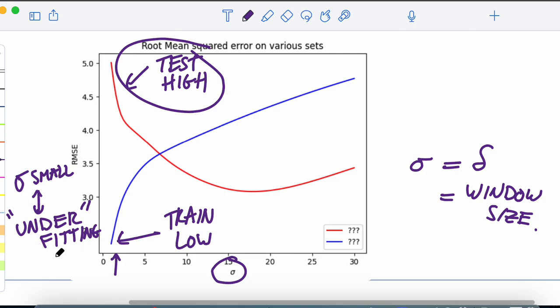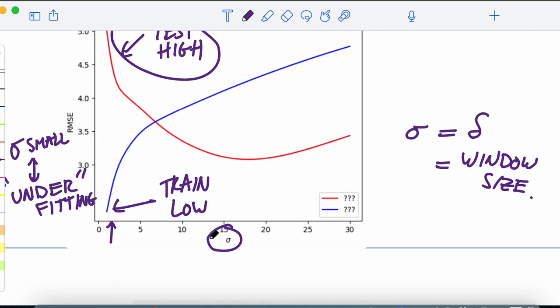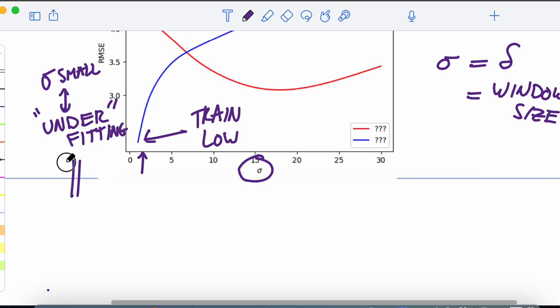You said it was underfitting, and you also gave me this extra piece of information that the training error is low. Number of data points. So I think it is underfitting. So because it's a small number of data points, therefore it's underfitting. Yeah. So you're saying underfitting is the same thing as a small number of data points.